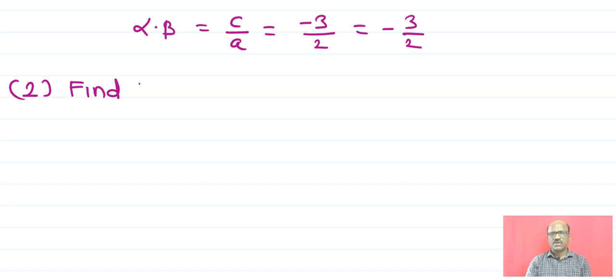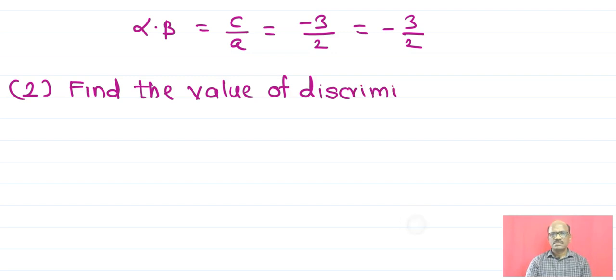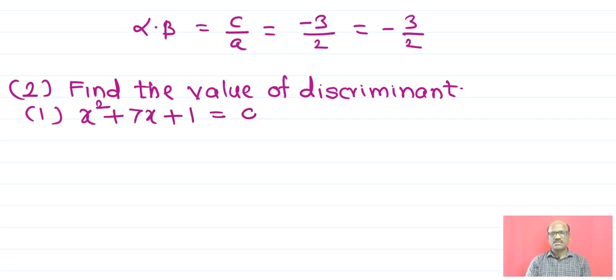Question number 2: find the value of the discriminant of x square plus 7x plus 1 equals 0. Again we will compare this with ax square plus bx plus c.